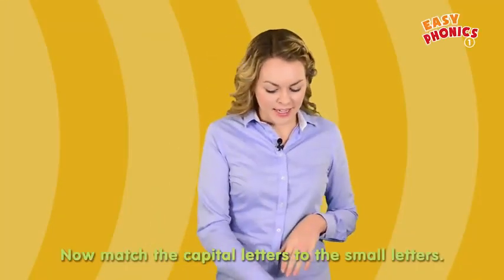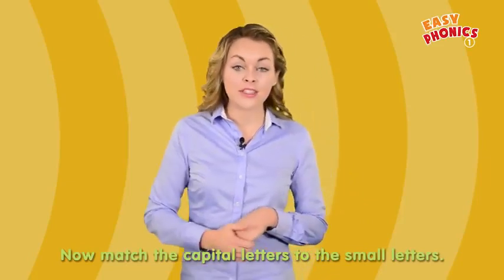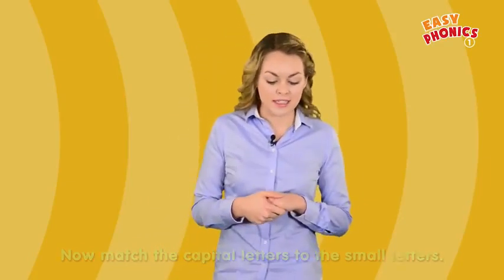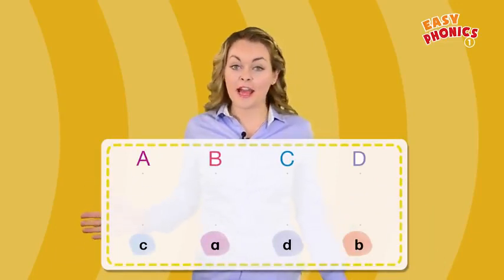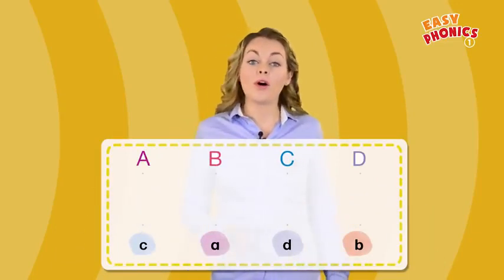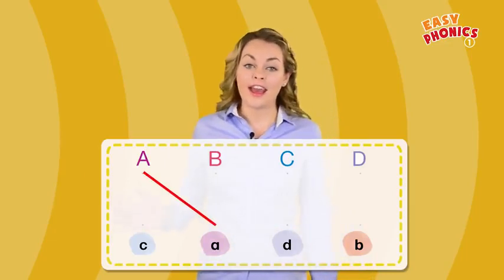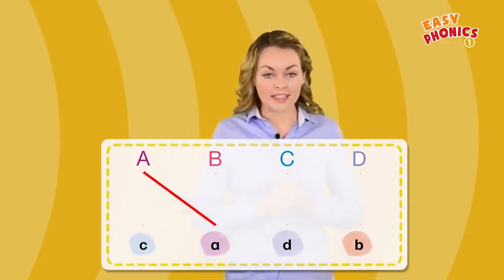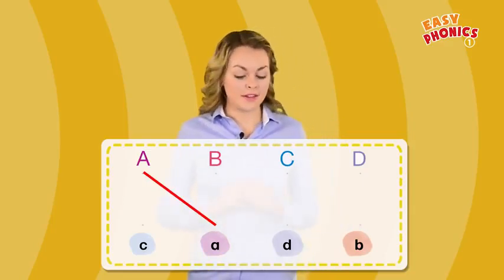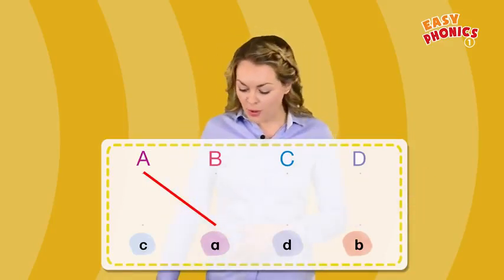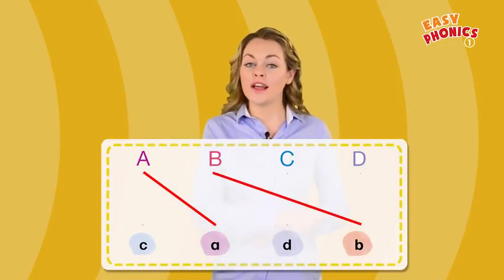Next activity. Now match the capital letters to the small letters. So what have we got? We have A, capital A, small A. Next, B, capital B, small B. Go ahead and draw that line.